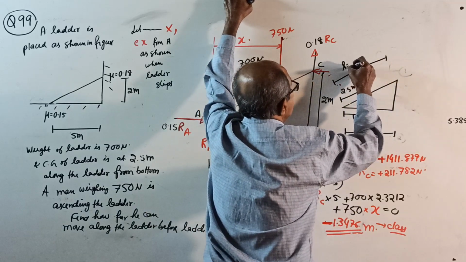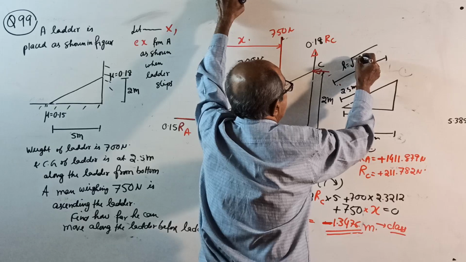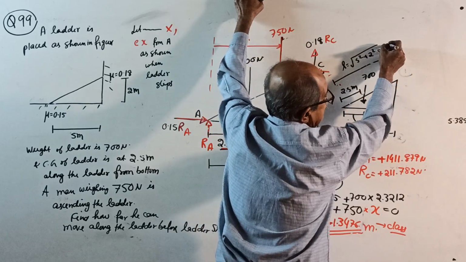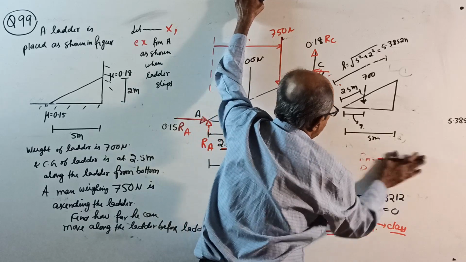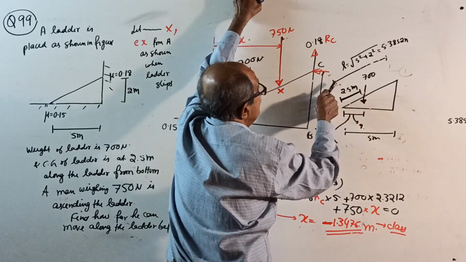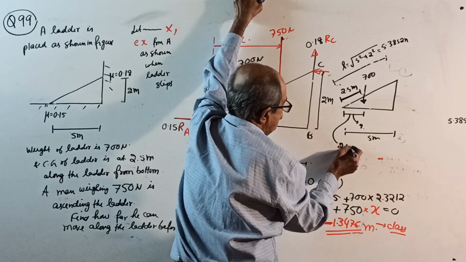The length of ladder equal to root of 5 square plus 2 square, equal to 5.3852 meter. Therefore, now this length will be equal to, 2.5 in 5.3852 is 2.5.